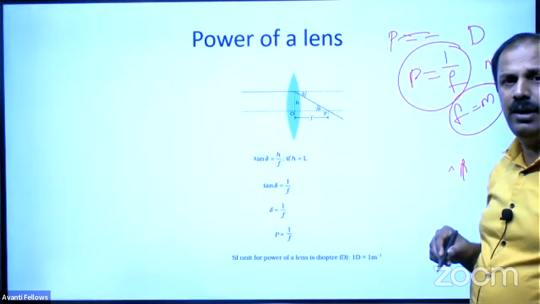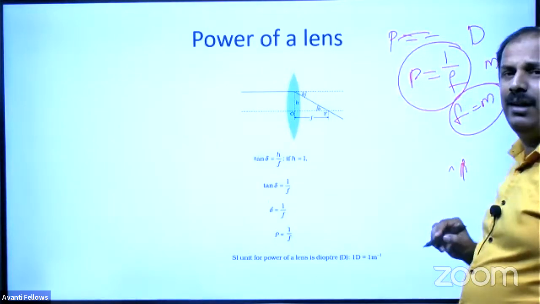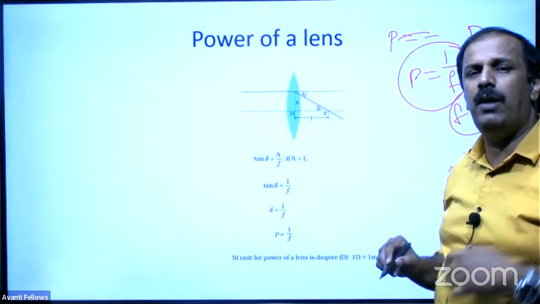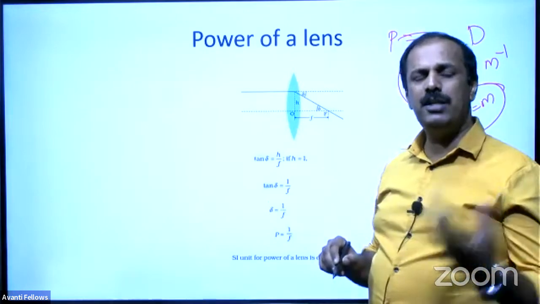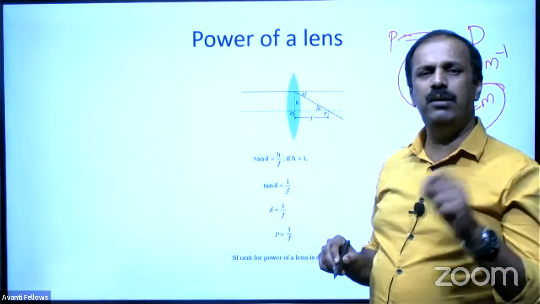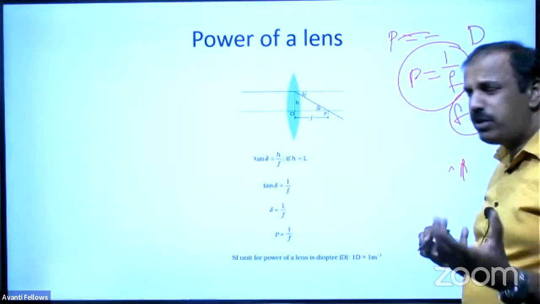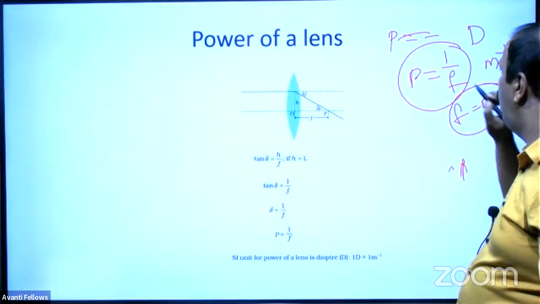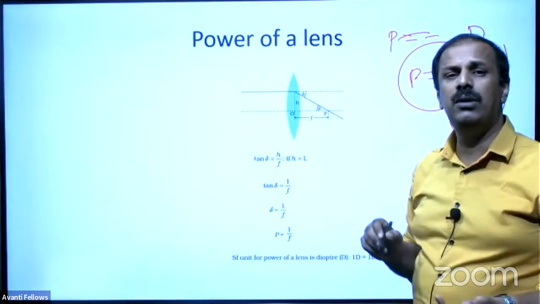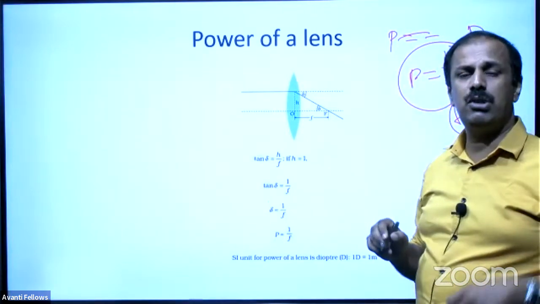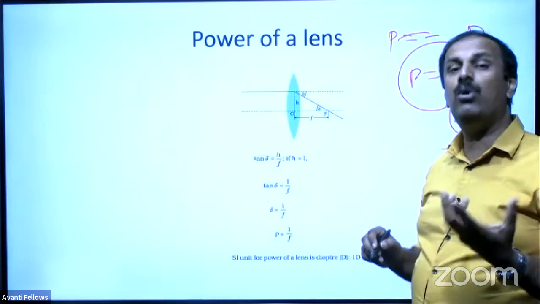That's called a diopter, and generally we write it as D. For your specs and all, you have power, positive power, plus 1, minus 1, or plus 0.5. That is 1 by f. If focal length is positive, 1 by f also will be positive. So power is positive means it is a convex lens.